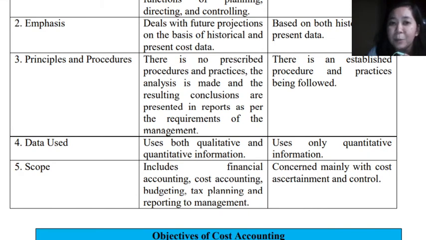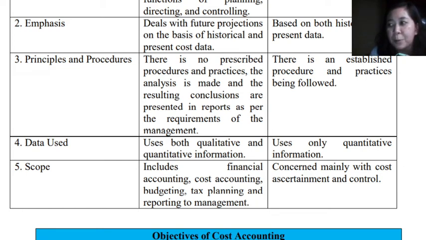For the data used under management accounting, they use both qualitative and quantitative information. Because in this case, for management decision making, aside from the quantitative data that is being presented, they should also couple it with qualitative data. For example, a certain department incurred a loss.